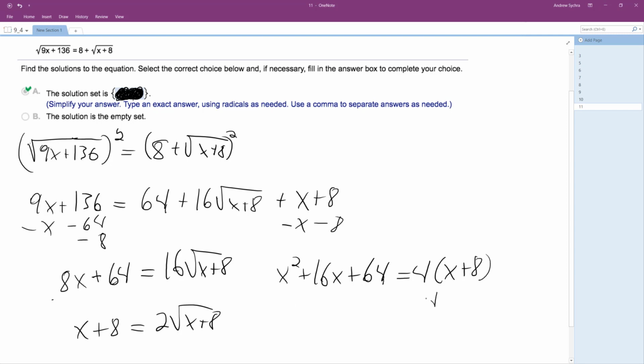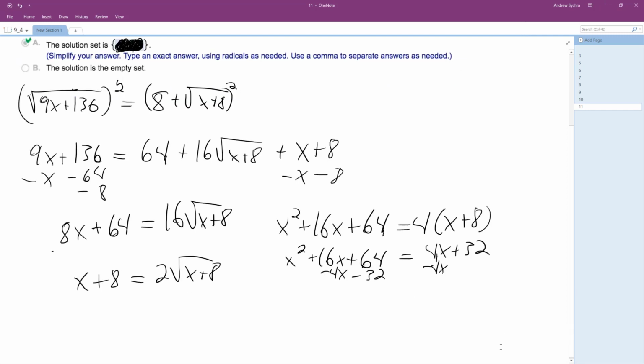So this ends up being 4x plus 32 is equal to x squared plus 16x plus 64. All right, and then subtract 4x, and then subtract 32. So we get x squared plus 12x plus 32 equals 0.